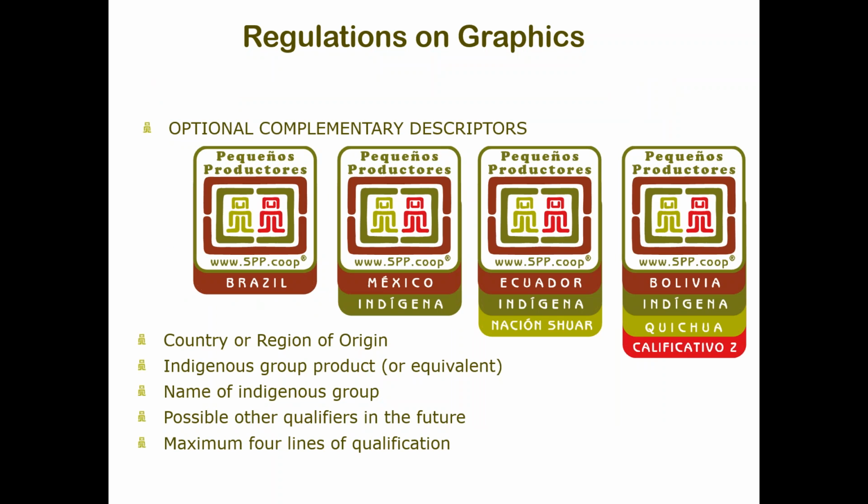We have optional complementary descriptors. These can be about the country or region of origin, for example, an indigenous group product or equivalent. In this case, for example, in the shirt logo, the origin is Ecuador.